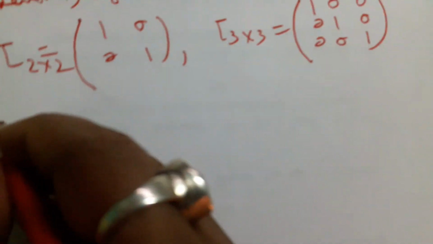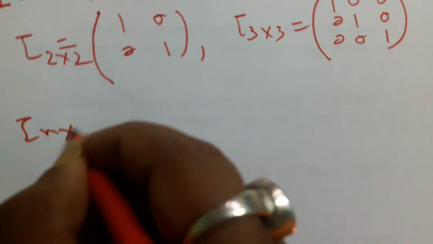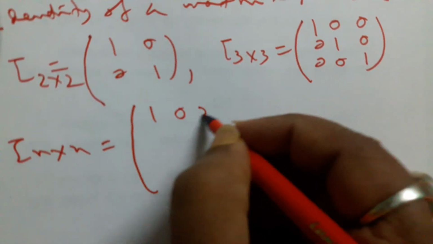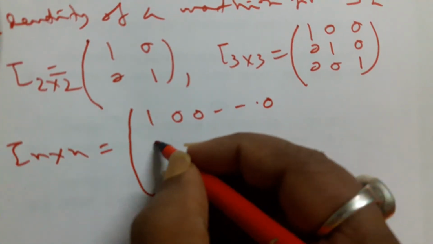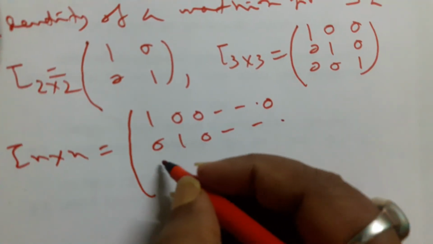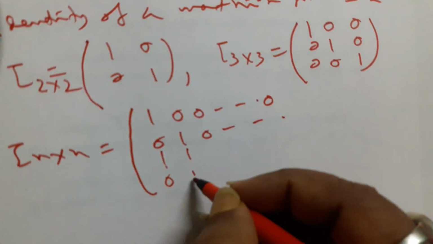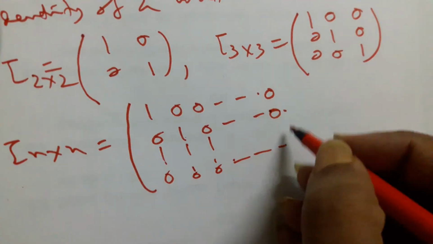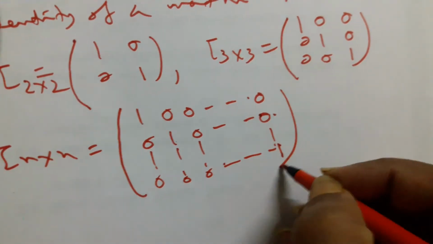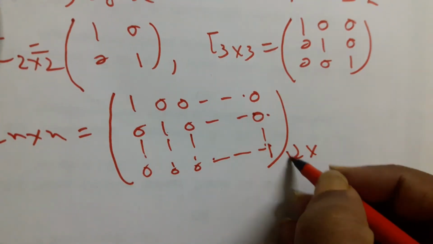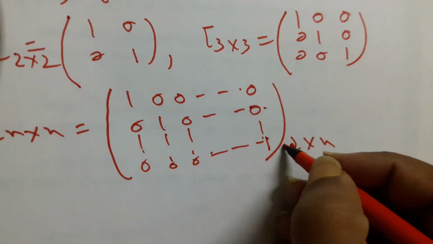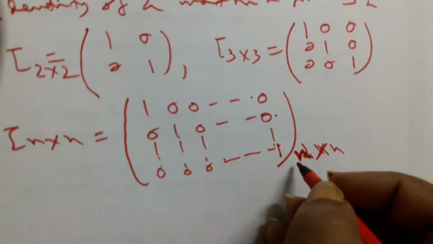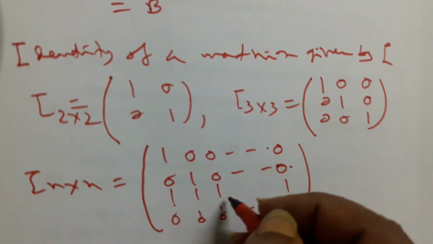In this way, for an n by n order matrix I, we get 1 along the diagonal and 0 elsewhere. It has n rows and n columns, so it is a square matrix, whether 3 by 3, 4 by 4, whatever it may be.